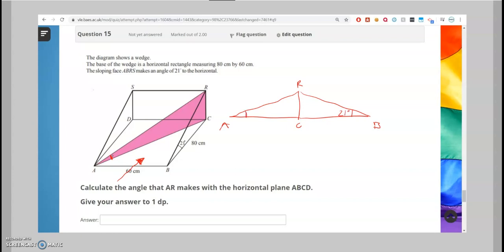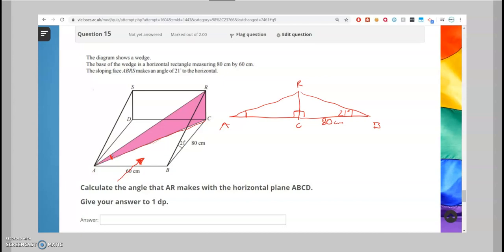We want to work out this one, which we don't know. We know that this is 80 centimeters long. We don't know how long AC is, but we know this is 90 degrees and this is 90 degrees. So to work out AC, we can use Pythagoras.